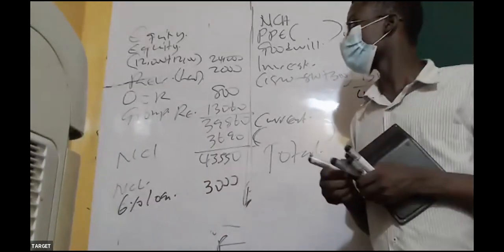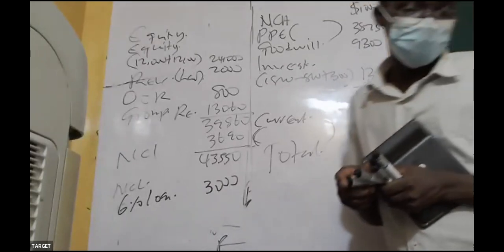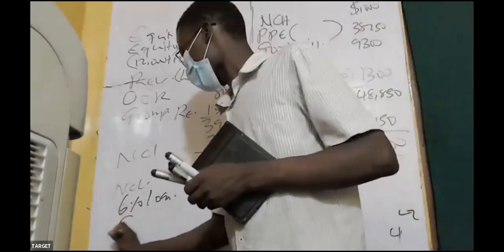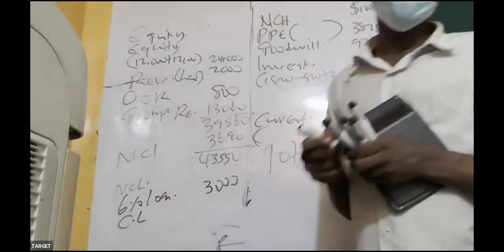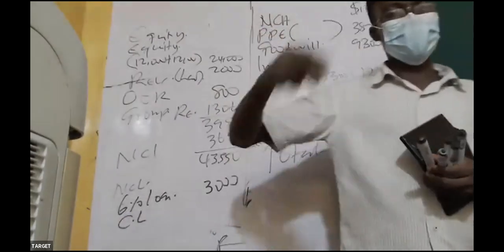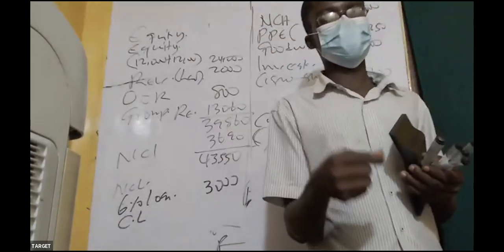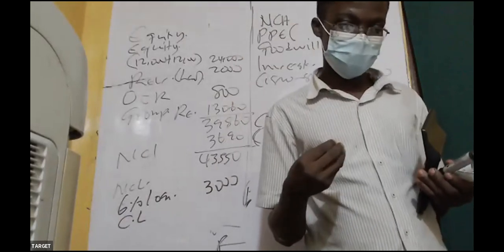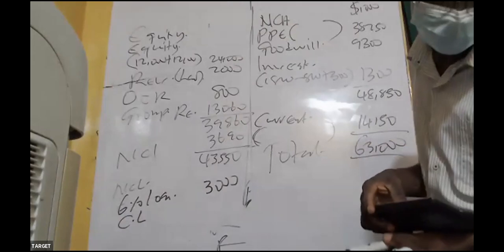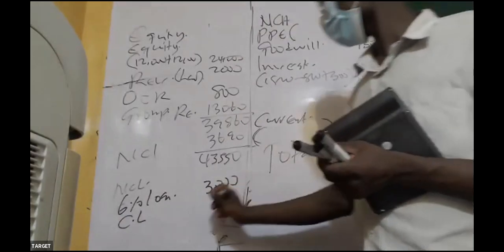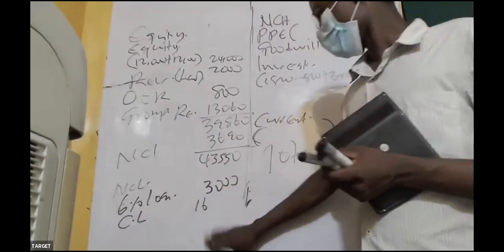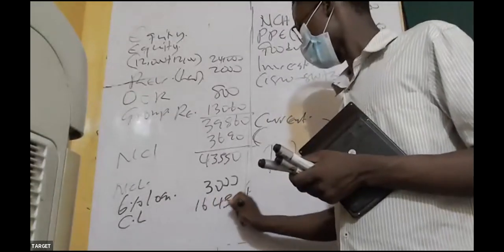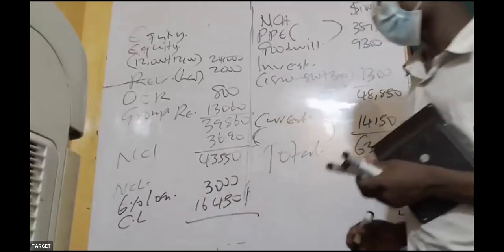Now the current liability. You open the brackets, you add the parent own plus the subsidiaries own, less the intra-group debt of 350. Agreed? Yes. Good. When you do this, you get 16,450.